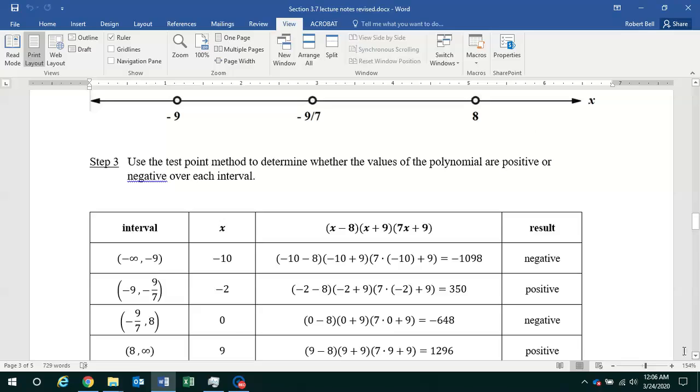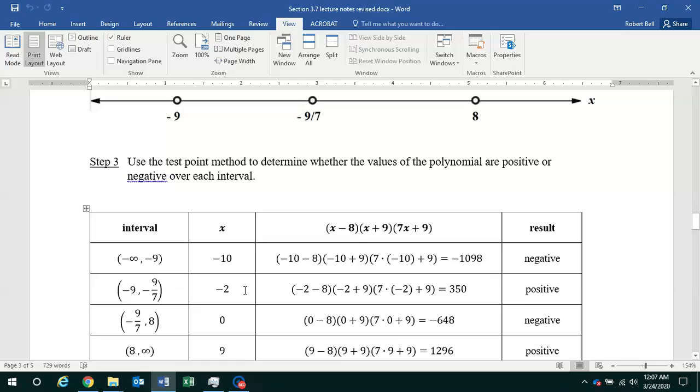Okay. So in my first interval, I use -10 as a test point, and then plug -10 into the factored polynomial and got a negative value for the polynomial. So that means any real number less than -9 put in for x will result in a negative value for the polynomial.